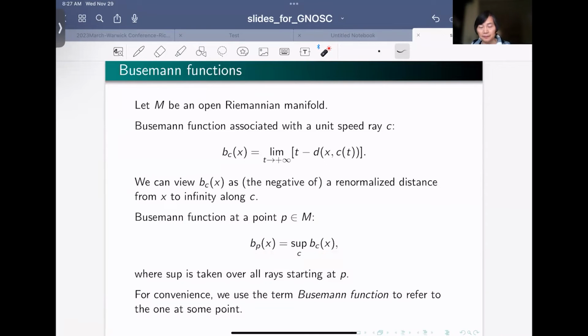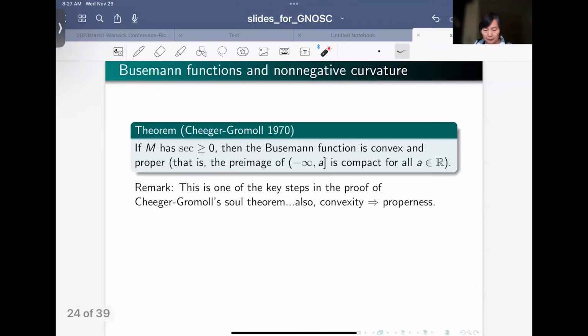As you said, this function has been studied a lot, and it's really, really useful. In Cheeger-Colding, when they proved the Soul theorem, they studied the Busemann function. One of the key steps is to show that this function is convex. Once it's convex, it follows that it's proper.